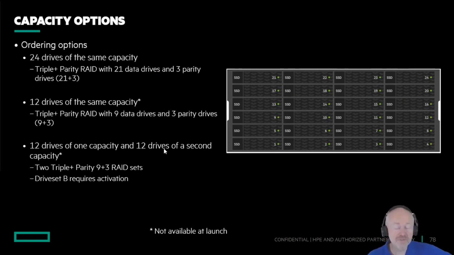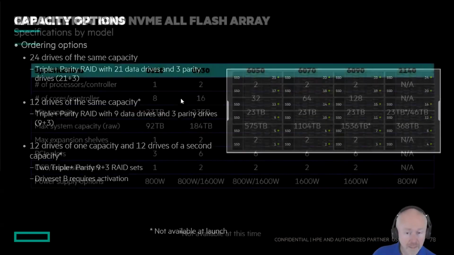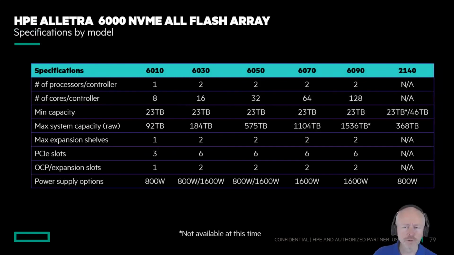Those 12 drives need to be the same capacity between each other, but watch out, you can start here with 192 and here you can add 384. So the capacity of those 12 and 12 doesn't need to be the same across the sets, but within the set of 12, it needs to be the same capacity because of that triple parity plus, of course. That's how it works. Very similar to Nimble Gen 5, of course.